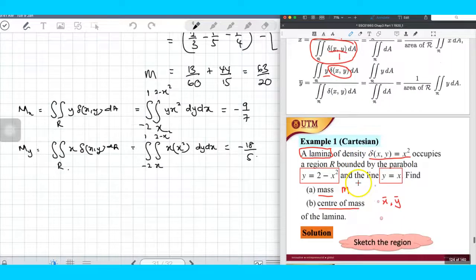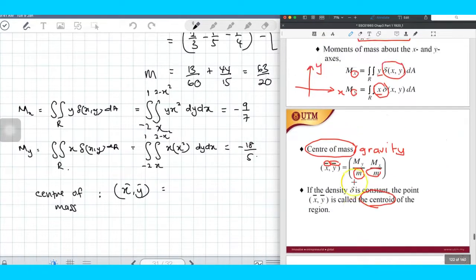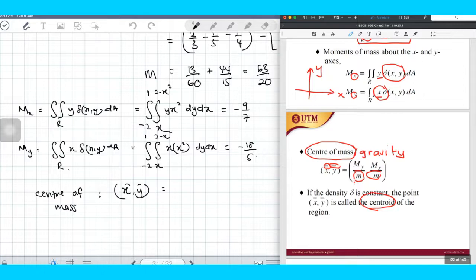Then we go back to the question, which asks for the center of mass. The center of mass is x bar, y bar, where the formula for the x component is My divided by the mass, and for the y component it is Mx over the mass.